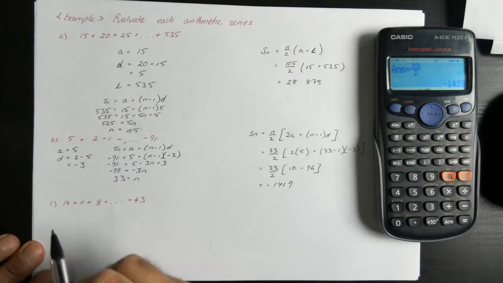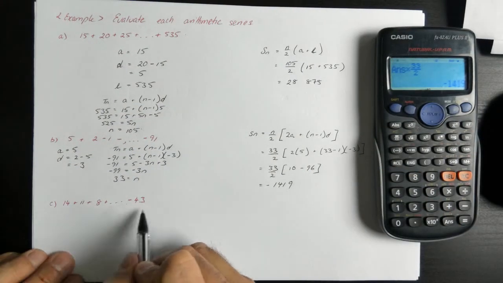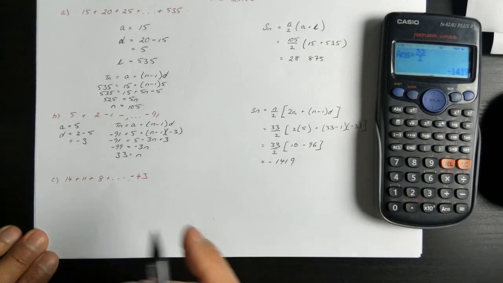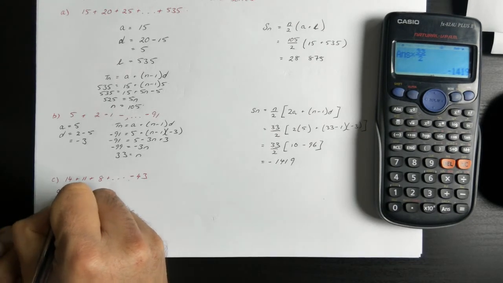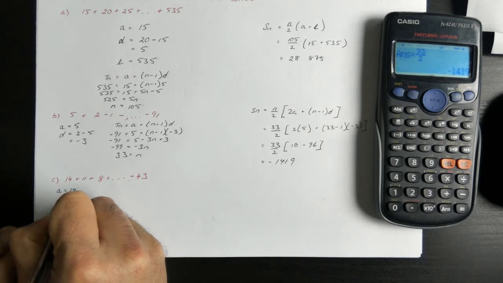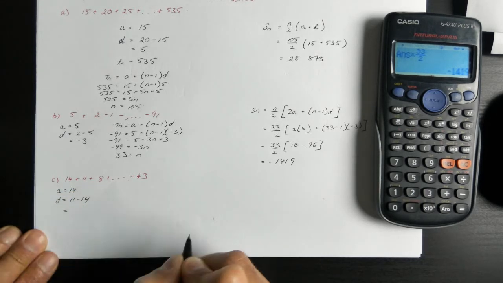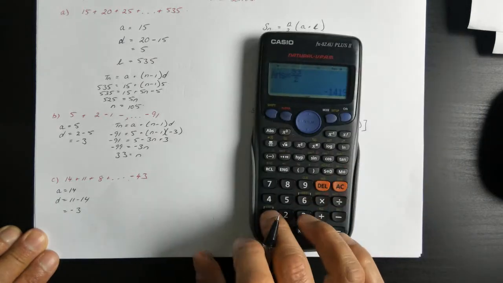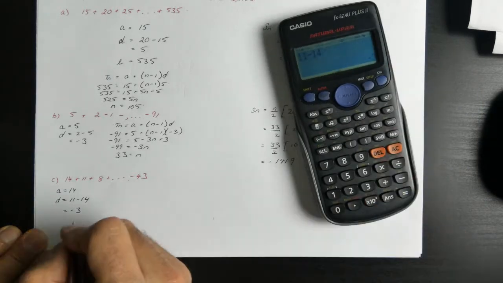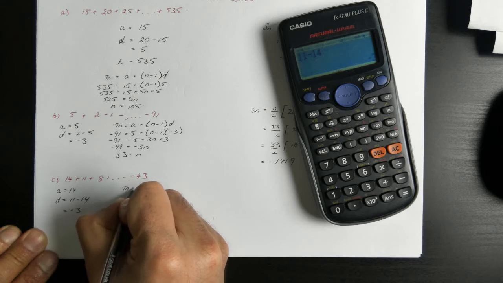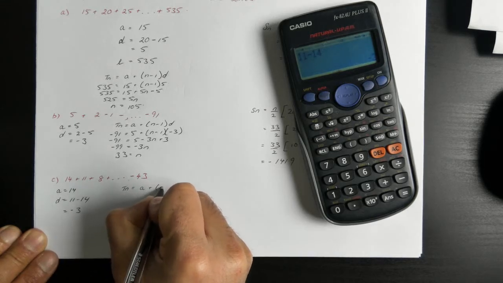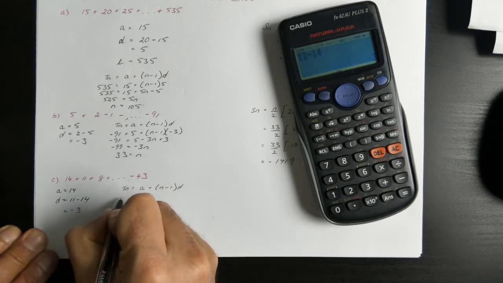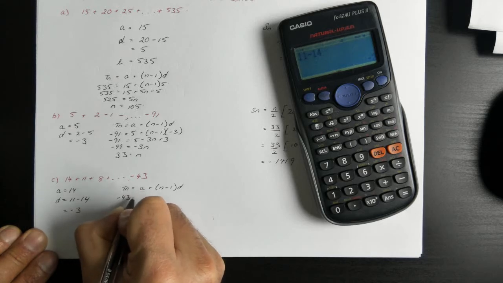One more example, so we've got 14 plus 11 plus 8 to negative 43. A would be 14. D is 11 take away 14, which is negative 3 again. Using this formula to find out what term is negative 43.